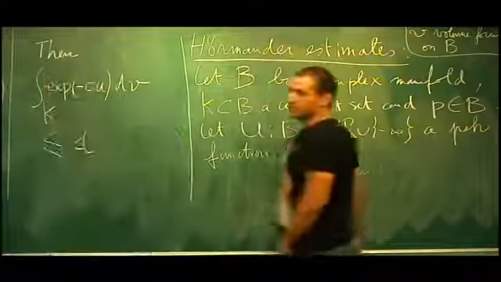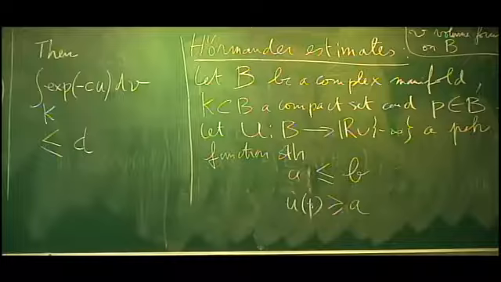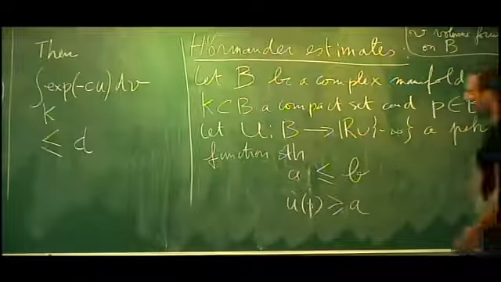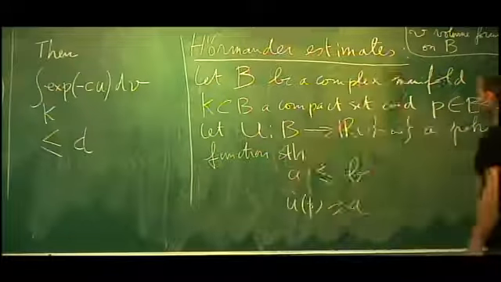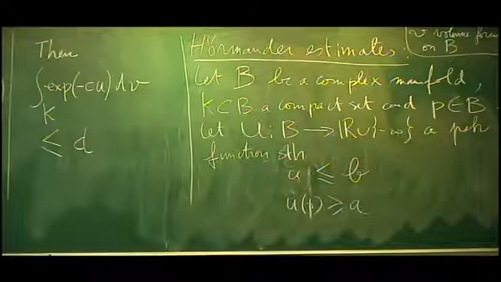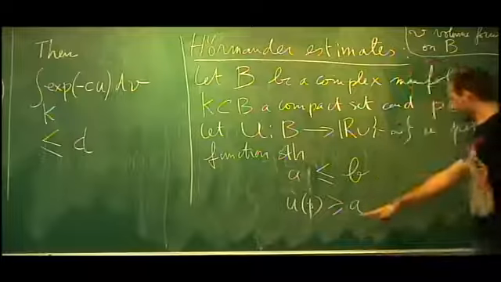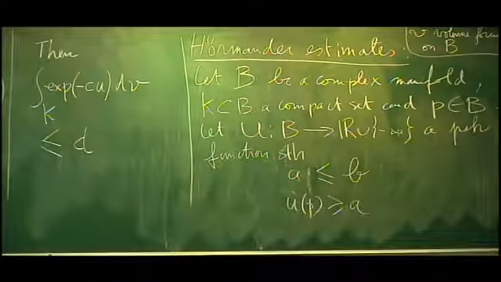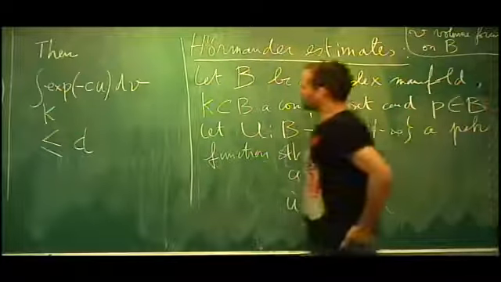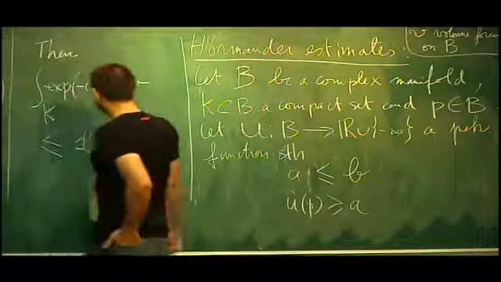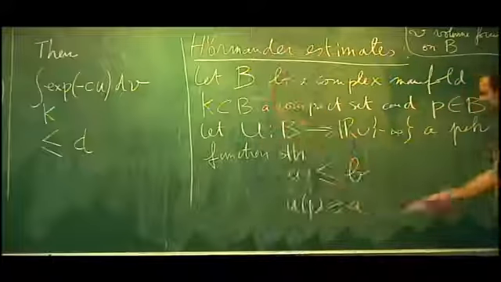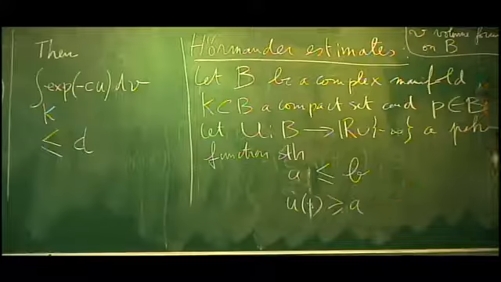So I should say exactly what the quantifiers are in that situation. You take B, K, P, and the constants A and B, and it says that there exists a positive constant C and a constant D such that this is true if you have the following inequalities.